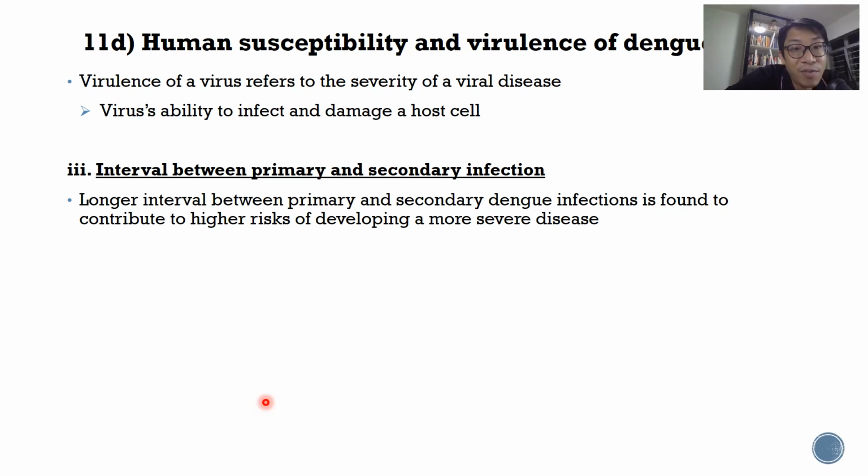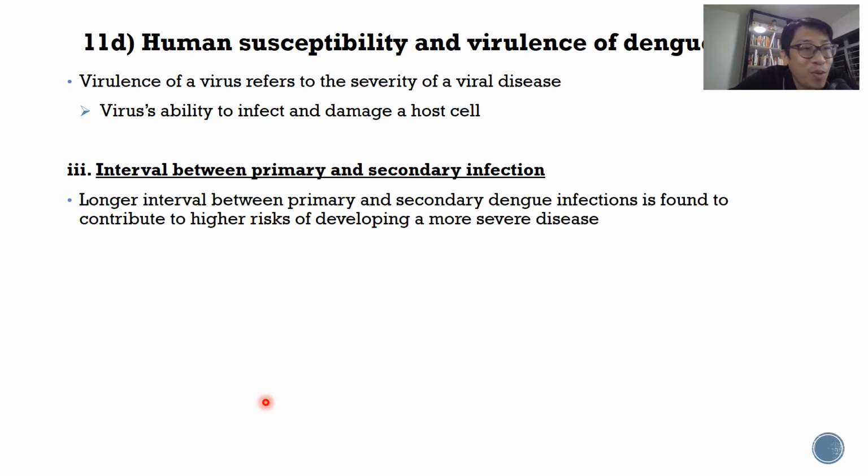The longer the interval between the two infections, the higher the risk of a more severe disease, probably because the longer it is after the first infection, even though our immune system should remember the encounter and there should be antibodies, the number of antibodies might drop, and the immunity against the dengue virus due to the first infection might wane after a longer time.